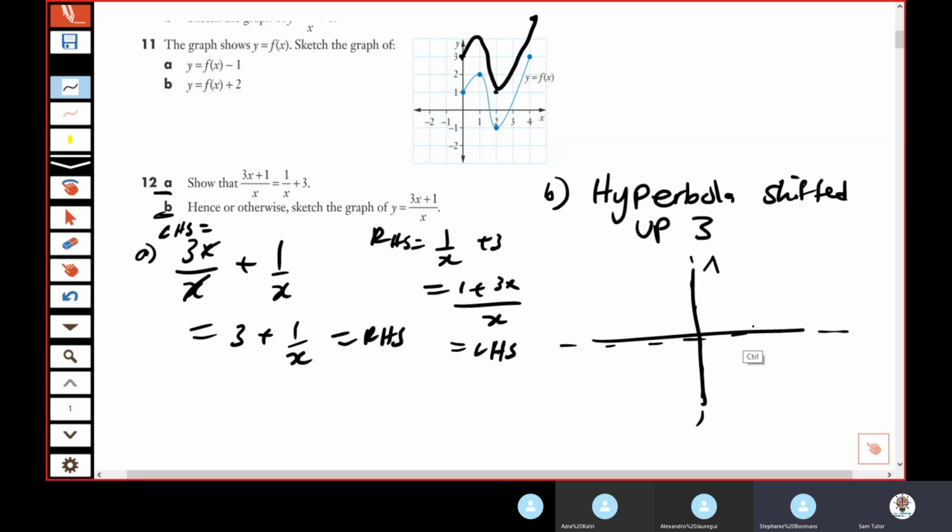We're shifting up 3. Instead of your horizontal asymptote there, it's now at 3. But this vertical asymptote stays the same. And that's it. If you want to work out what number this is, as always, just make y equal to 0, solve, and you should get negative a third. Any questions?